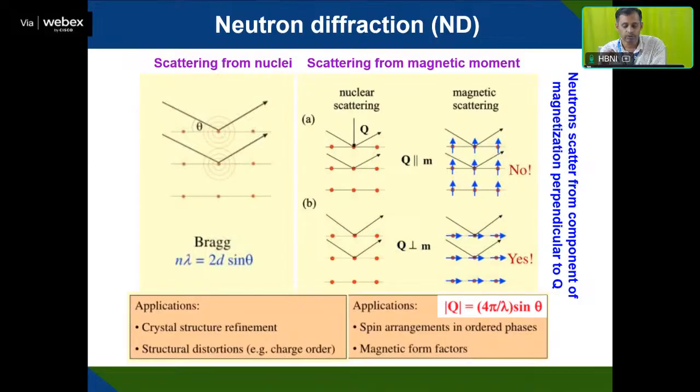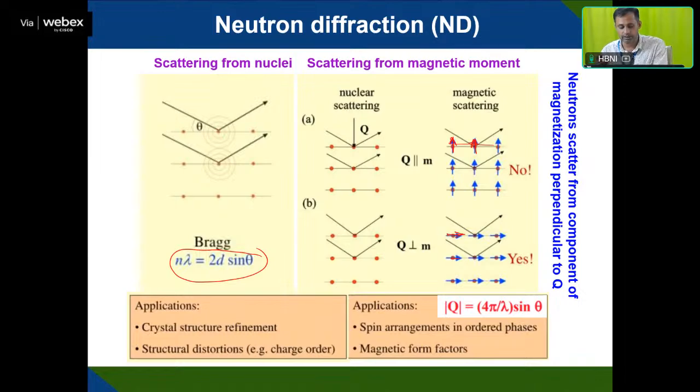In neutron diffraction, when n lambda equals 2d sine theta, the Bragg law is satisfied, and you say there is scattering from the nuclei. In the case of magnetic scattering, you see two types, depending on whether the magnetic moment, the spin orientation, is perpendicular or parallel. Oh, sorry, this is parallel, this is perpendicular.